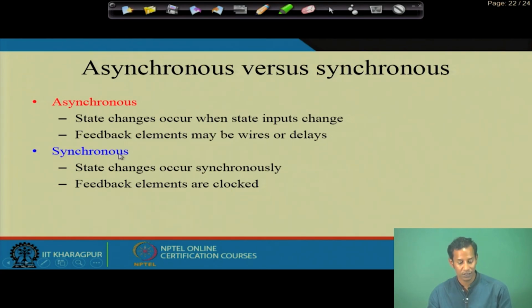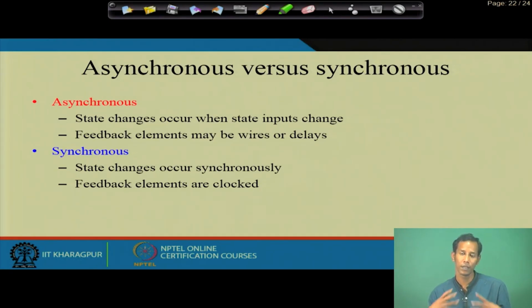But in a synchronous circuit, the state change occurs synchronously and the feedback elements are clocked. That means in an asynchronous circuit, we may have different clocks with events or triggering points at different time instants, but in a synchronous circuit all events occur at the same timing instant.